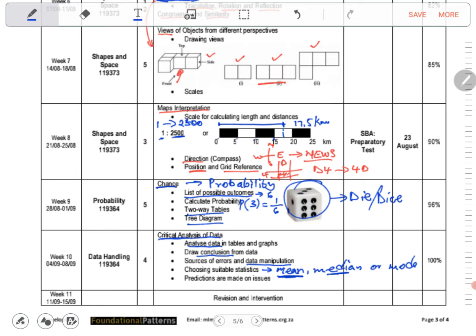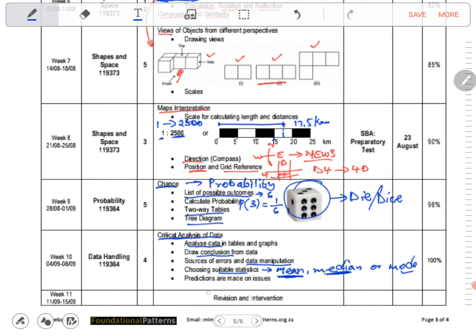That would be incorrect. So the median would be the best to use, or we can even choose to look into the mode. Those are some of the things that we have to study in order to choose the best statistic between the mean, the median, and the mode.